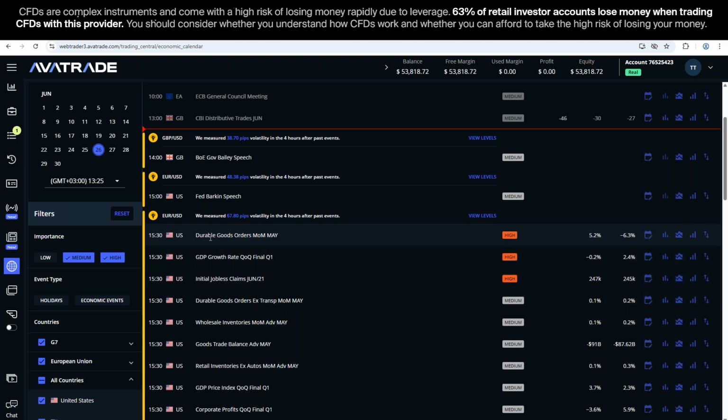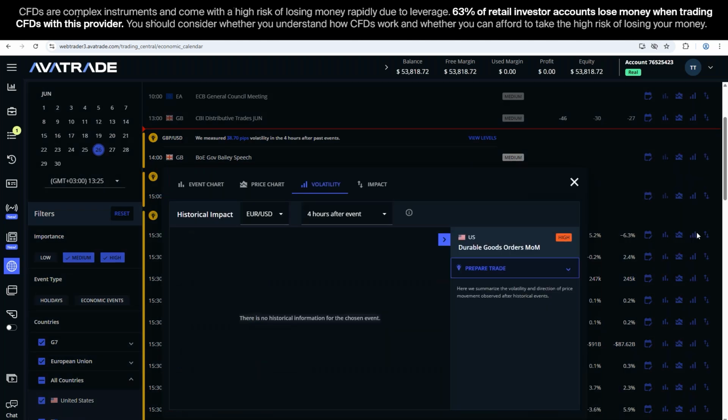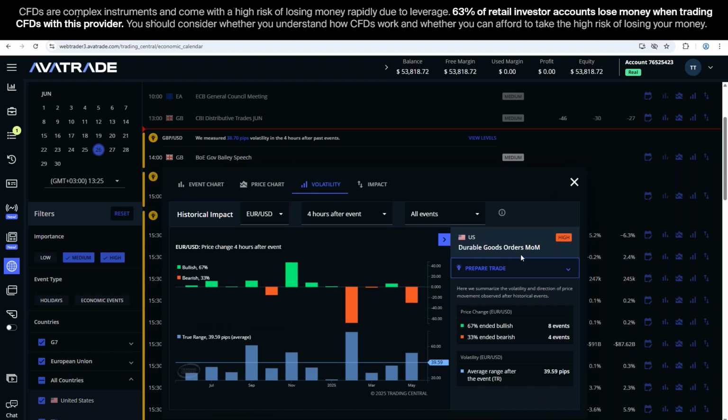We'll just use the durable goods orders that are coming out soon today out of the US. I like to look at the high level announcements. They tend to move the charts more. If I come over and look at the volatility tool for this particular announcement, what I'll see is a breakdown of how the charts moved with the last announcements for durable goods over the past months, even over the past year.